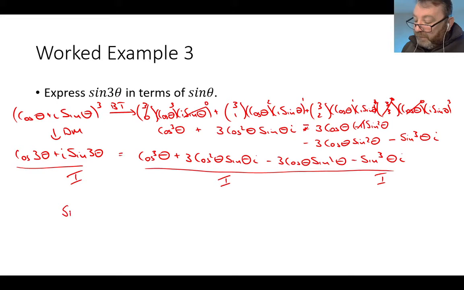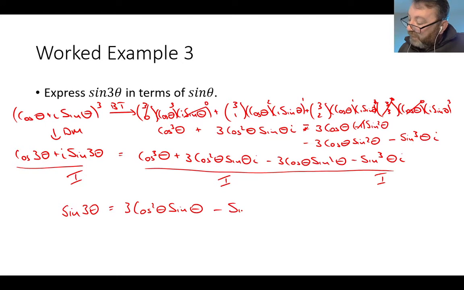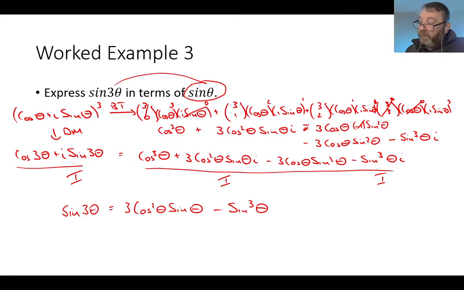We get sine 3 theta equals 3 cos squared theta sine theta, you don't have to write down the i's, minus sine cubed theta. Okay, now what do we want? Sine 3 theta in terms of just sine theta. So we've got a problem, and there's my problem. Okay, that's fine, and that's fine, but that's not.